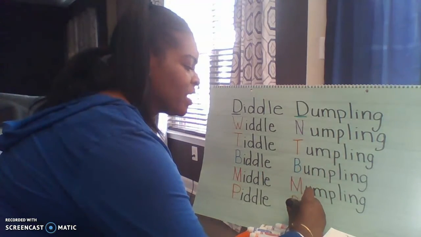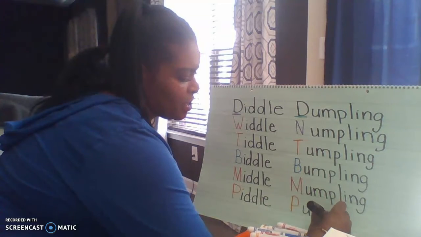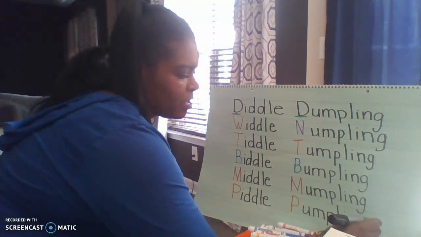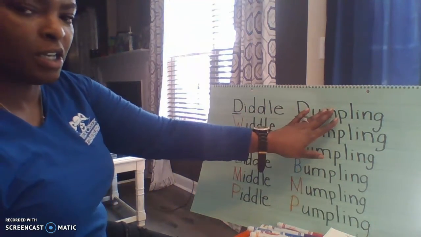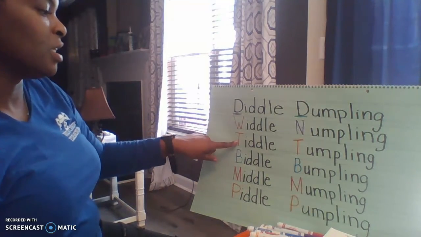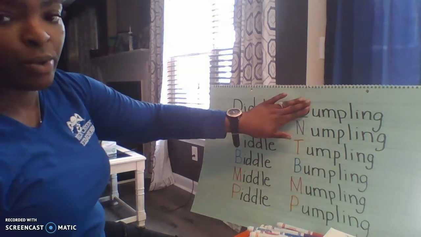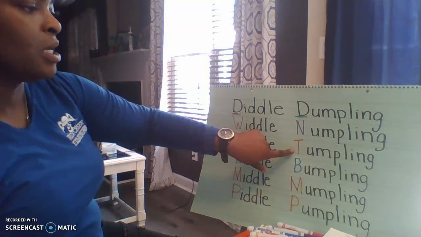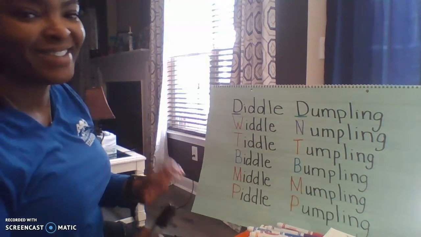So we're going to bring that U, M, P, L, I, N, G. We have diddle, dumpling, and we made the words whittle, tittle, biddle, middle, piddle. And we have the words dumpling, numpling, tumpling, bumpling, mumpling, pumpling. All right, wasn't that fun?